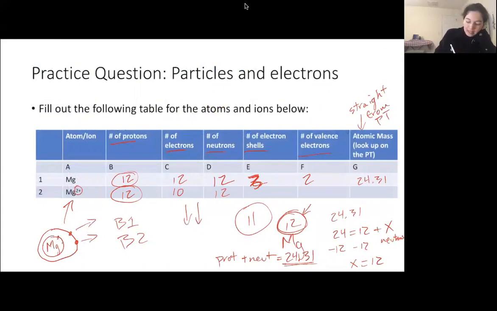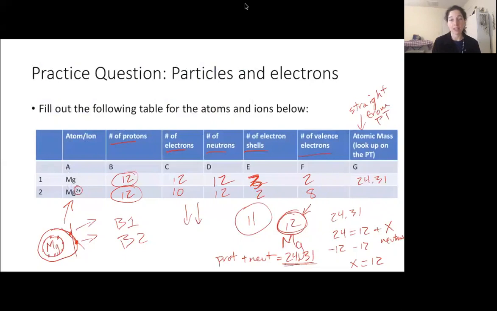Okay, valence electrons are the same. So it has 8 in here. 8. So if you lose 2 electrons to get your positive charge, that means now this electron shell is gone. So now we're down to 2 electron shells. Number of valence electrons is now 8 because we've lost our outer shell. It's stable.